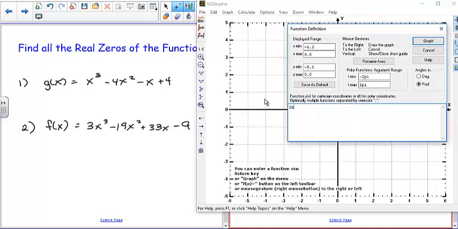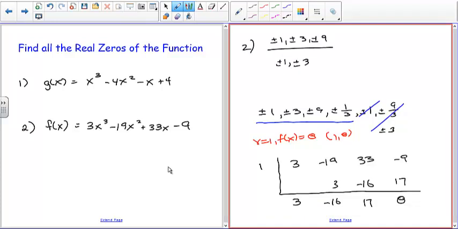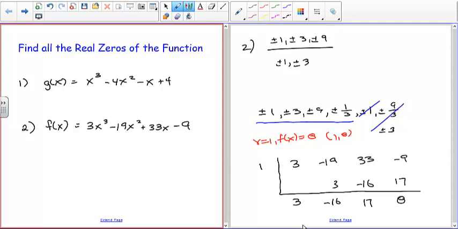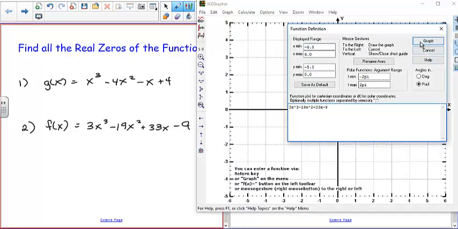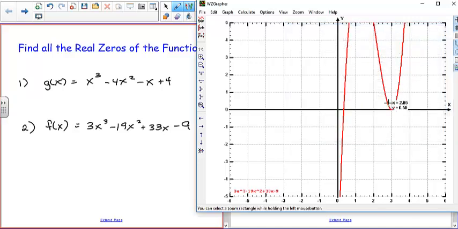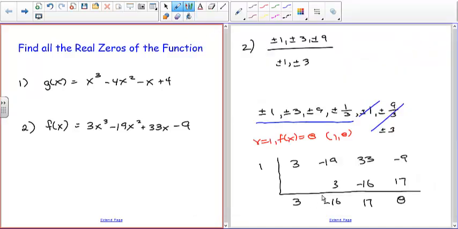So we got 3x cubed minus 19x squared plus 33x minus 9. And I just note, no, you can't divide everything by 3, so you couldn't simplify that down. Make sure I did that right. Yeah, okay, we'll find out when I plot it. So what do we say we had? Does that make sense?